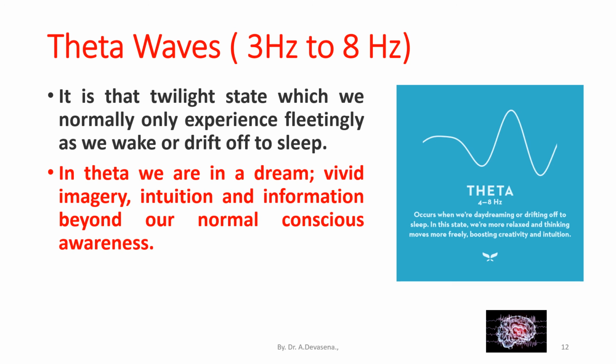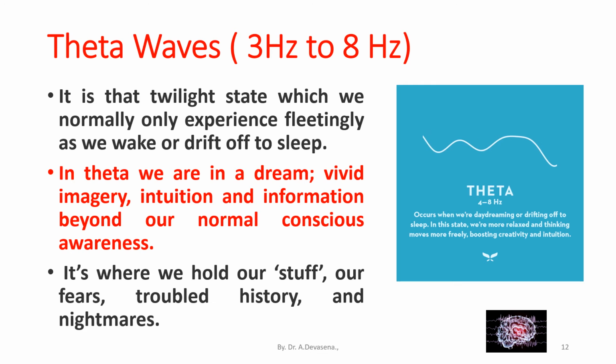In theta, we are in a dream, with vivid imagery, intuition, and information beyond our normal conscious awareness. It's where we hold our stuff, our fears, troubled history, and nightmares.